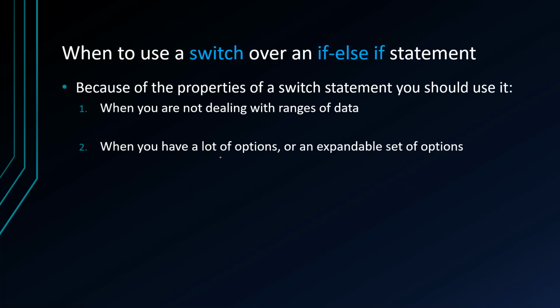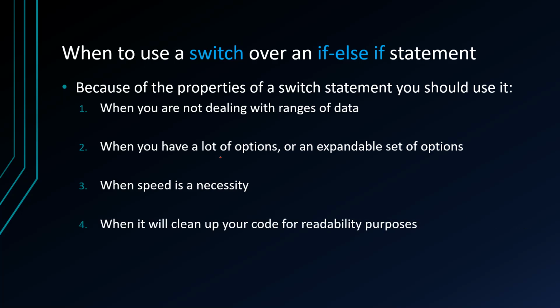Whereas in a switch statement, the worst case scenario of it not being there is just as fast as it actually being there. It still takes one movement, go directly to that point. That's it. The other time you would need this ties right into that: when speed is a necessity. Of course, if it's instantaneous access, it's a lot faster than if you're scanning.